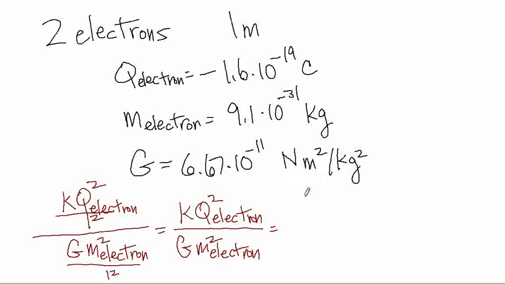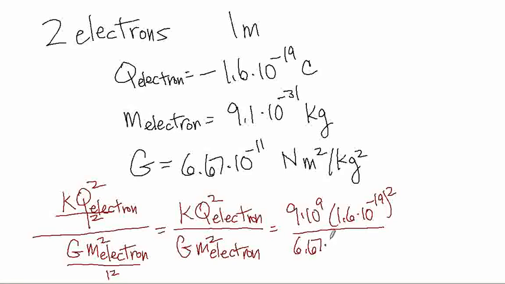And that gives 9 times 10 to the 9 times 1.6 times 10 to the minus 19 squared, all over 6.67 times 10 to the minus 11 times 9.1 times 10 to the minus 31 squared.